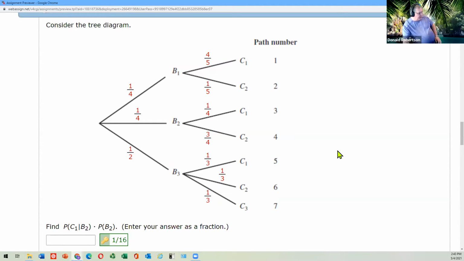Look for a pathway that goes to B2, and then from B2 it goes to C1. I know it's like reading backwards, but that's the way these work.